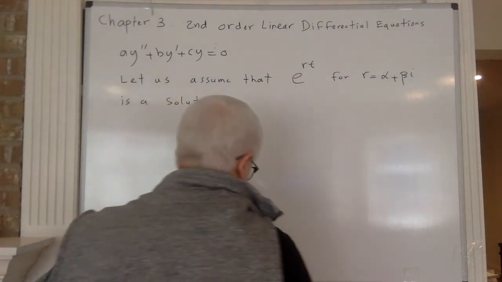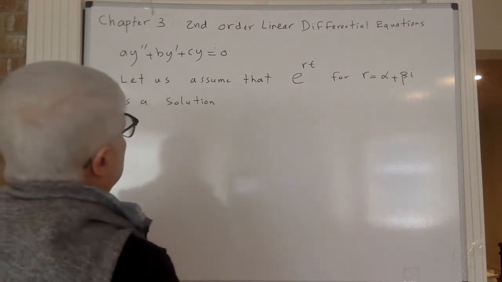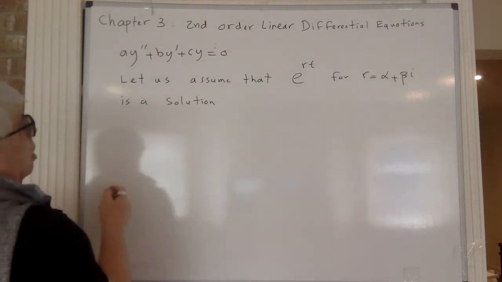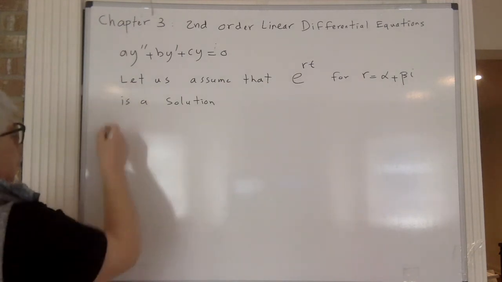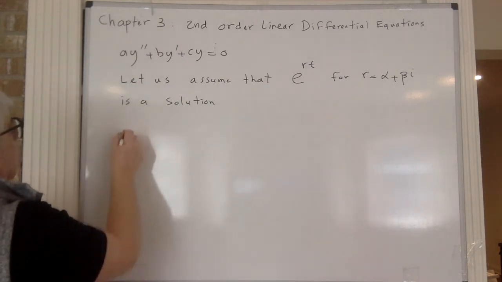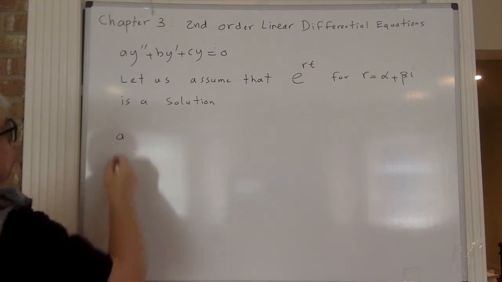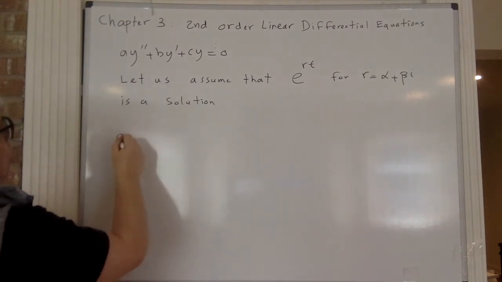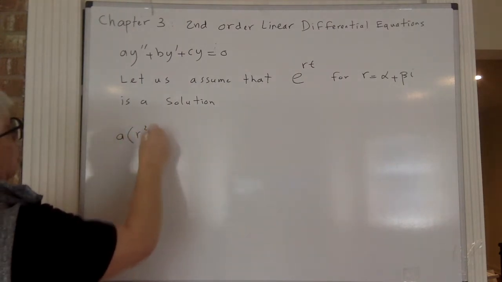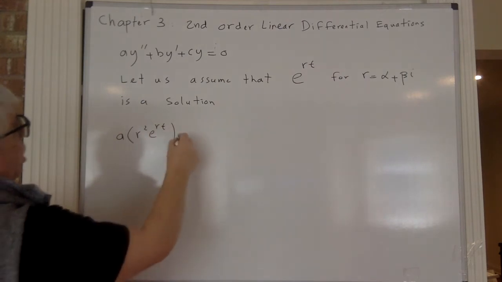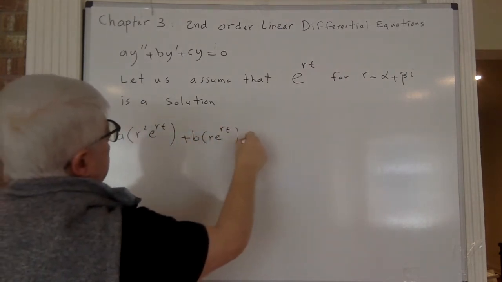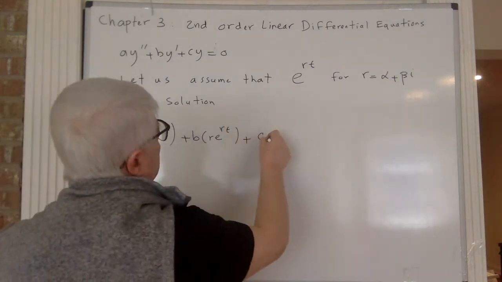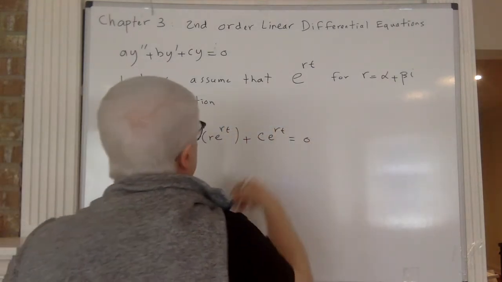Plugging the solution into the equation, I will get a times the second derivative, which is r squared e to the power rt, since the first derivative is r e to the power rt. Then b times r e to the power rt. Then c e to the power rt is 0.